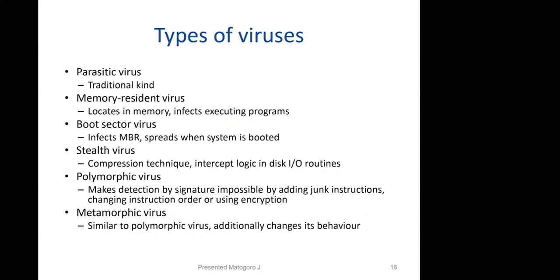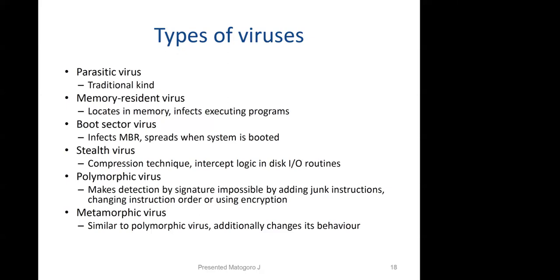So in terms of types of virus, we have different types, like a parasitic virus, which is a traditional kind. We can also have a memory resident virus, which is always located in memory and always infects executing programs. You can also have a boot sector virus. It normally infects the MBR and spreads when the system is booted. We can also have the stealth virus, which uses a compression technique.